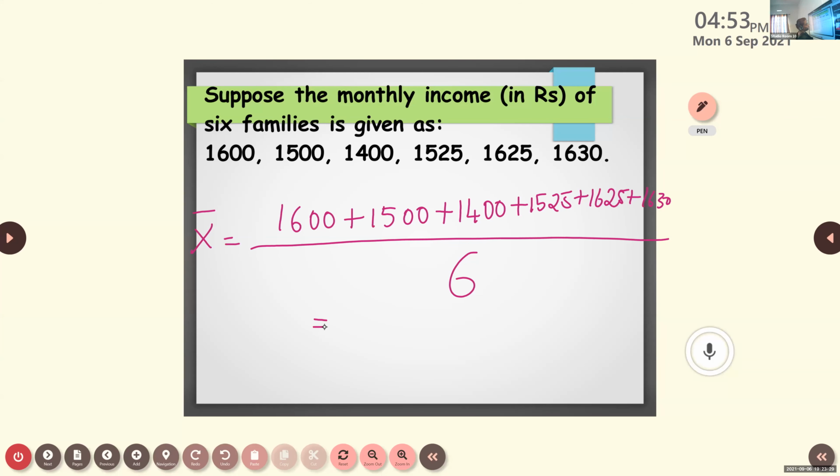Okay, Krishna Gandhi, did you get the same number? Yes, ma'am. 9,280. Now what do we have to do? 9,280 divided by 6. Find out.